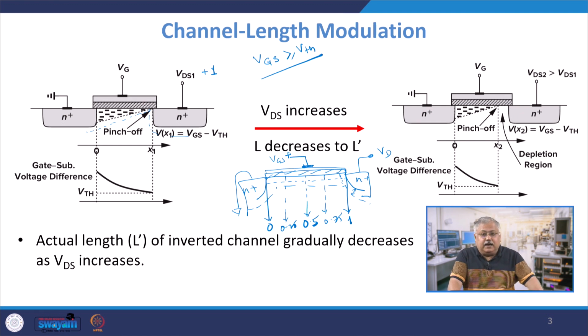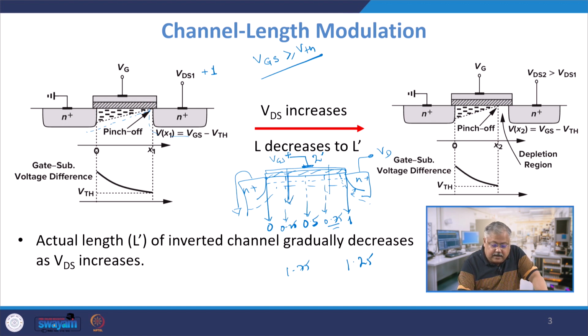So, you are effectively giving a bias, and let us say my gate voltage is, say, 2 volts, assuming it to be. Then the difference between this and 0.75 is just 1.25, whereas the difference between 2 and 0.25 is 1.75. Therefore, the electric field in this direction will be stronger and here it will be weaker.